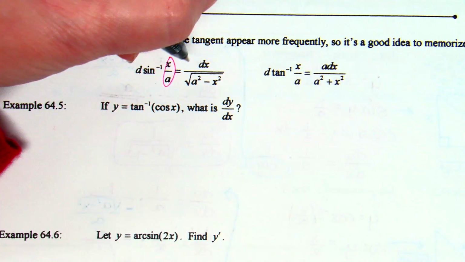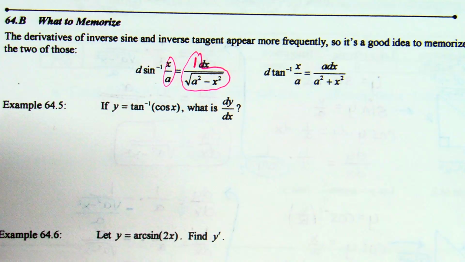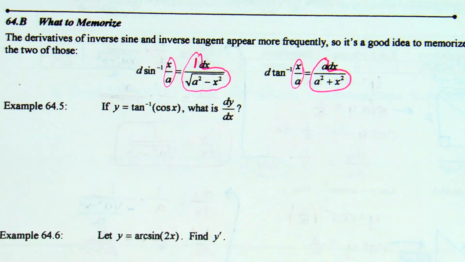So like we found in the front, the derivative of sine inverse of x over a is really the part you have to be concerned about, 1 over square root of a squared minus x squared. Tangent inverse, notice there's an a on top. It's a over a squared plus x squared. We found those on top. I don't know if those circles help or if they don't, but I found some confusion in the past years with that dx up there.